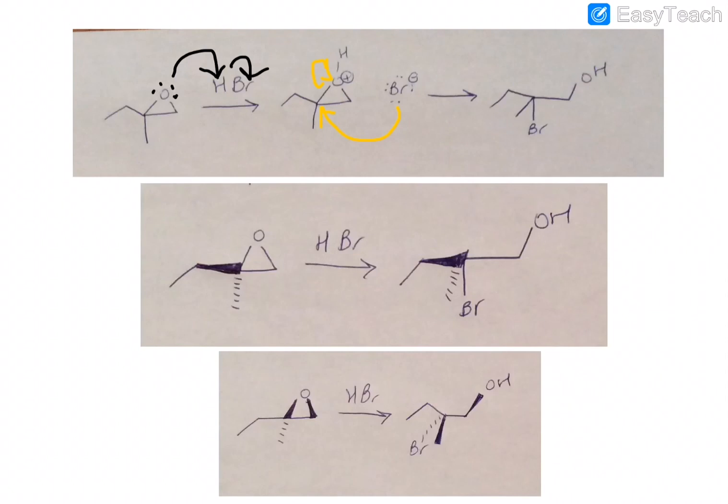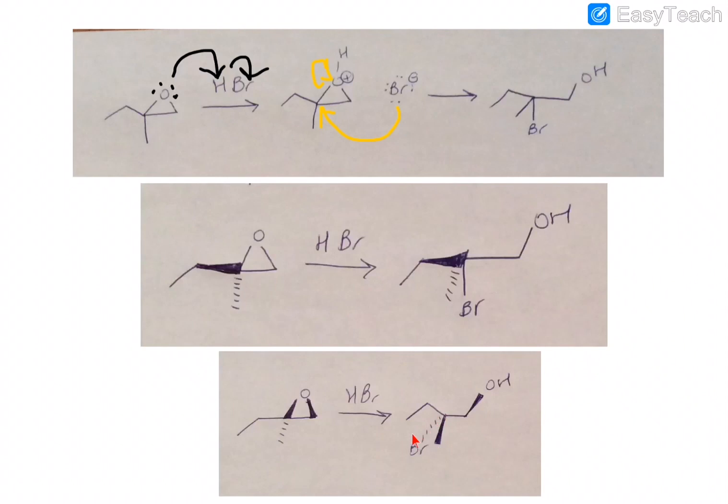In the final example, there is stereochemistry in the original epoxide, so there is also stereochemistry in the final product because of the anti-addition. The bromine attacks at the backside, which pushes the methyl group that was originally in the back to the front.